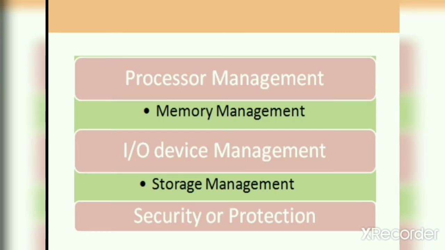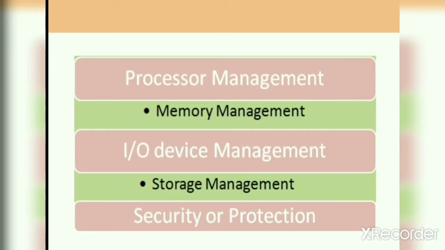Next is memory management. It is particularly concerned with the RAM, that is random access memory. If you want to execute some program on your laptop or PC, it must be allocated some space in the main memory. After that only execution can start. Imagine many processes are running at the same time.